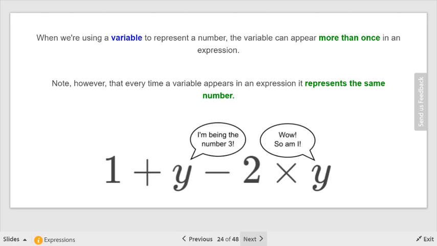Twice. If y appears twice, that's fine, but if you use the same letter, it has to represent the same value. So if y is 3 in one place, it has to be 3 in the other place. Good job, guys.